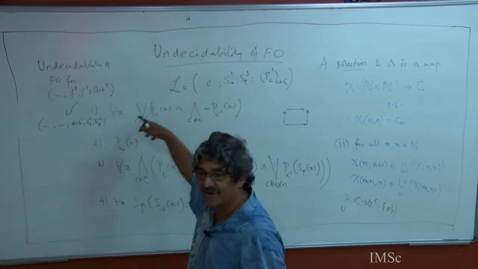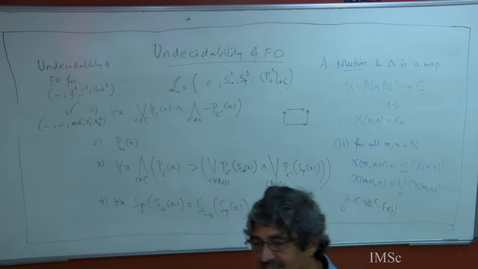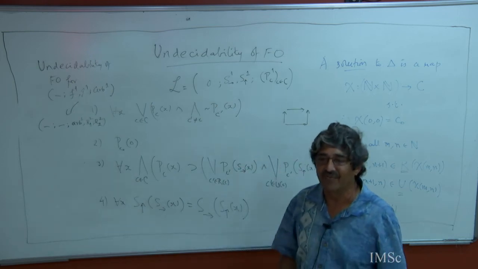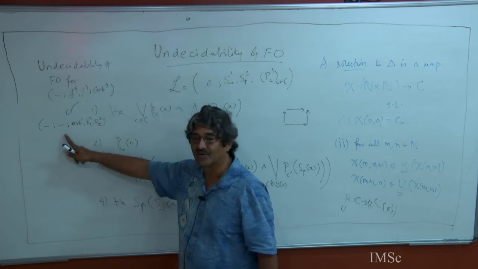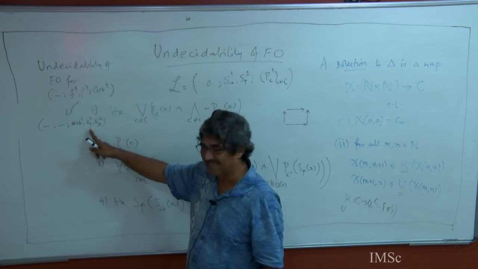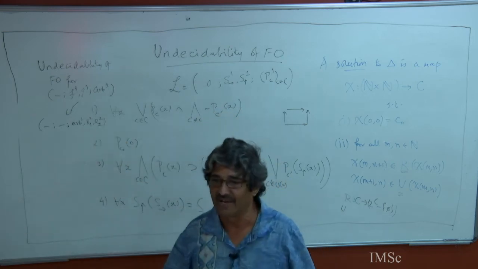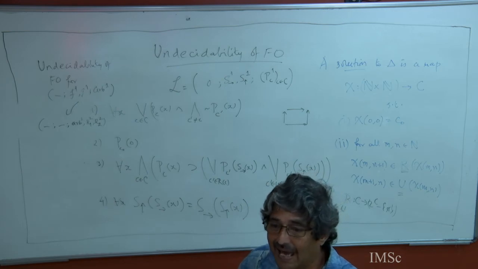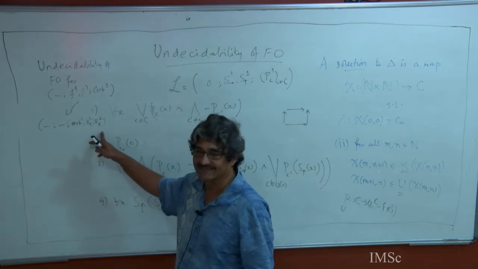I am saying the undecidability proof we can tweak and do it with two binary relations and an arbitrary number of unary relations. This is what I have written here. No constants, no function symbols, arbitrarily many unary relations, that is predicates, sets, and then two binary relations, and we can do this job.